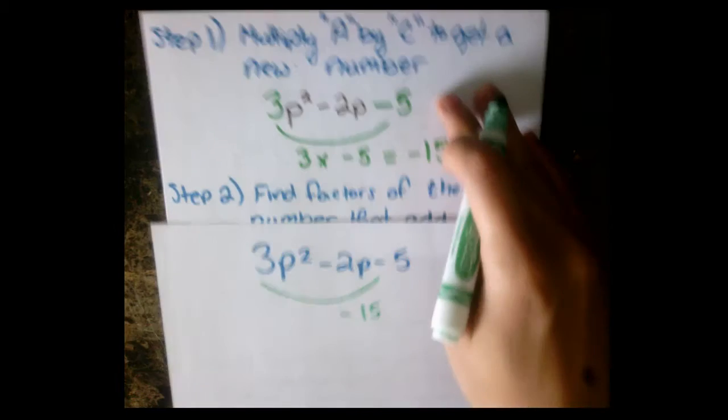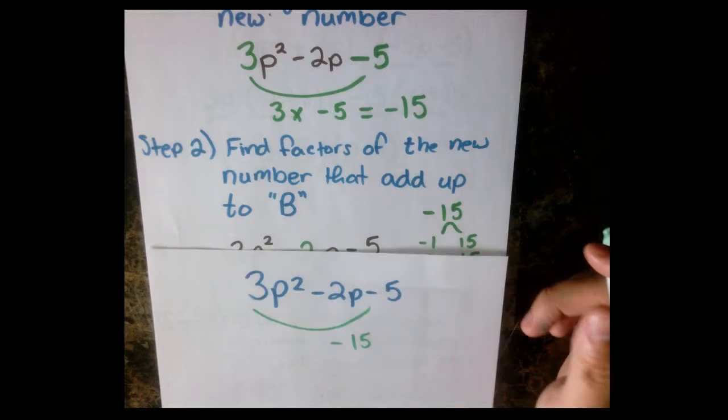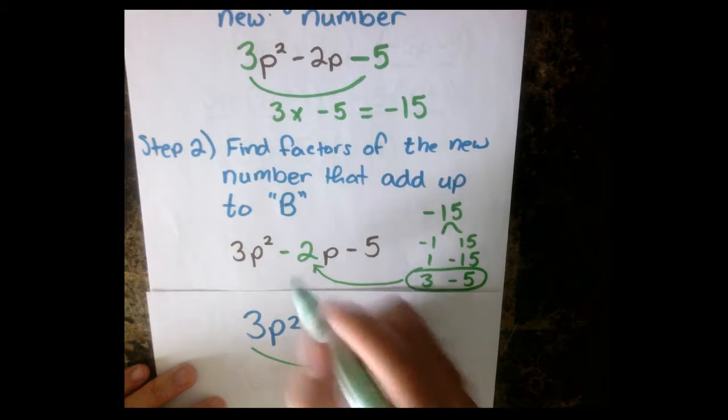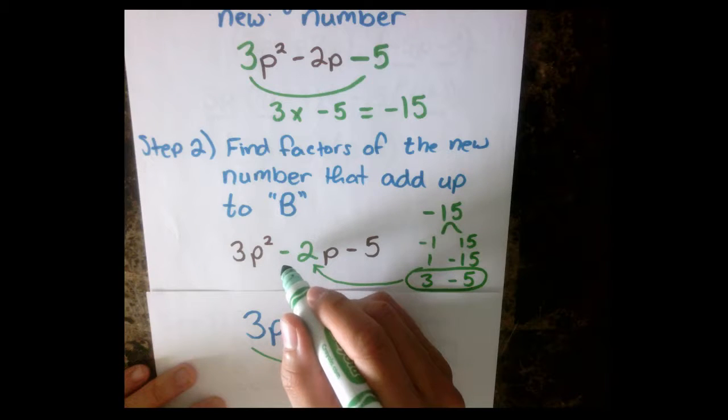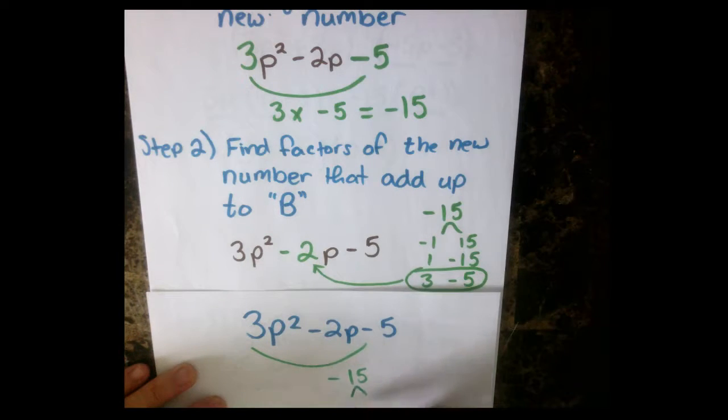And then what you're going to do is find factors of the new number that add up to b. Alright, so remember our b is this negative 2. Again, don't forget your sign. That's important. And we're just going to factor out 15, negative 15, mind you. Negative 1 and 15, 1 and negative 15, 3 and negative 5, negative 3 and positive 5.